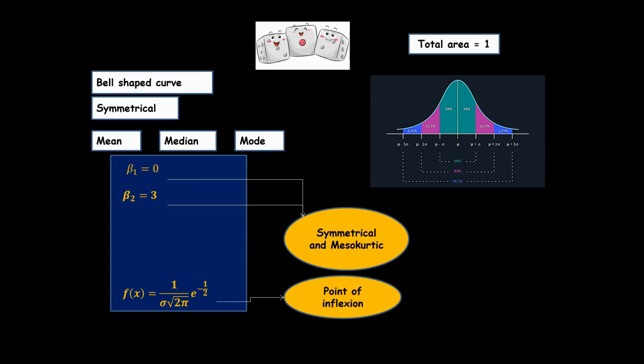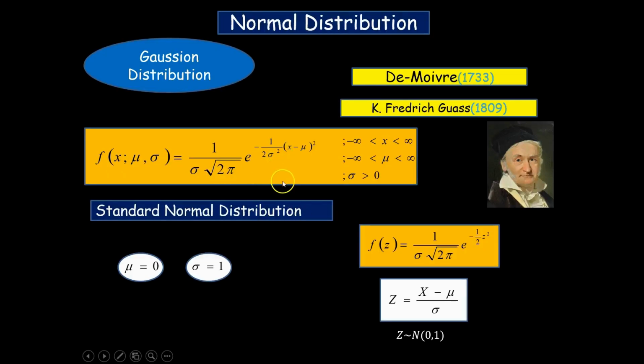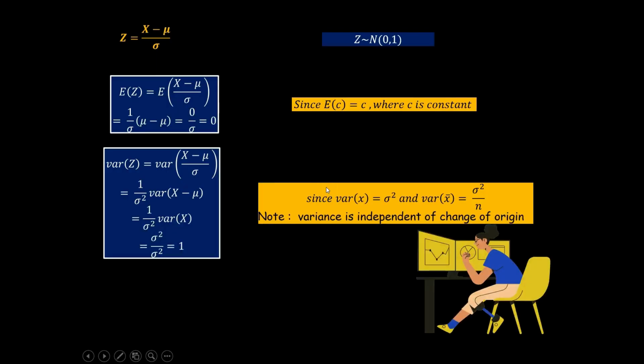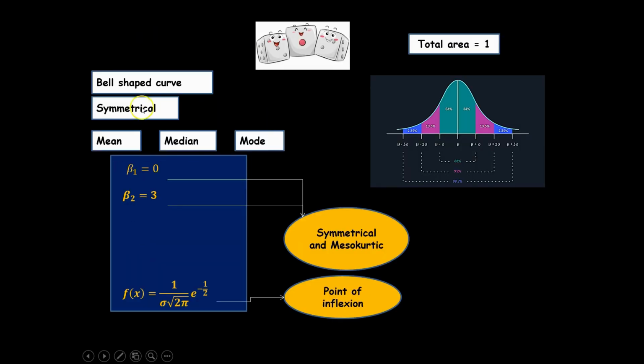If we have a random variable with some parameters, like a mean mu and a standard deviation sigma, and if it takes the form of 1 upon sigma square root of 2 pi, this previous form, then we can say it follows a normal distribution.